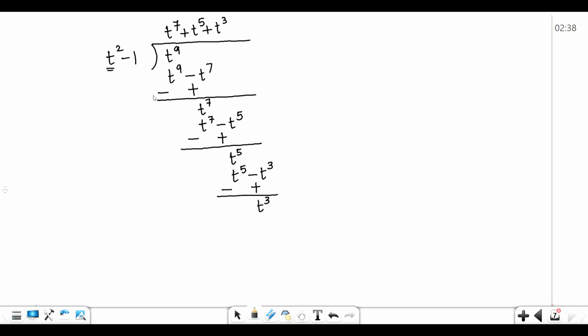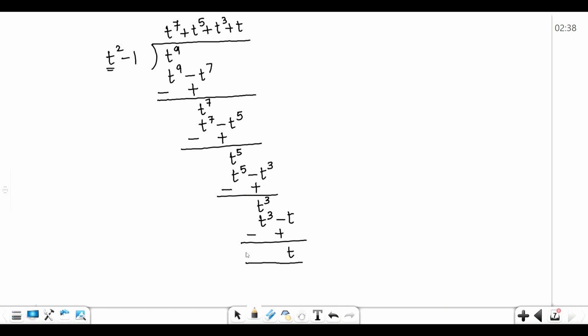Now we have t square, we'll multiply this with t, so t square multiplied with t gives you t cube, and minus 1 multiplied with t gives you minus t. This is minus, this is plus. So overall we are left with t. Okay.